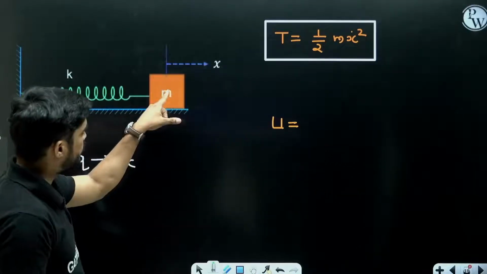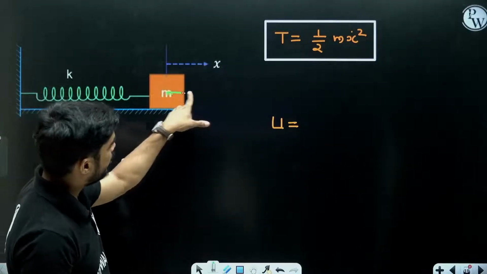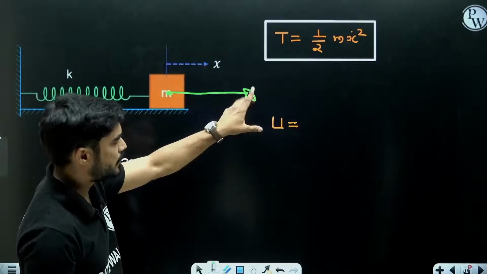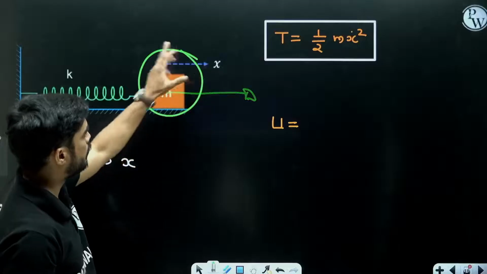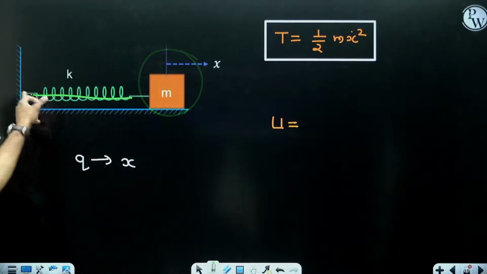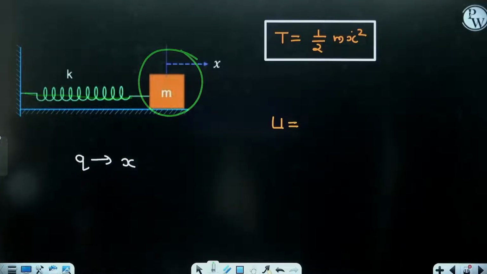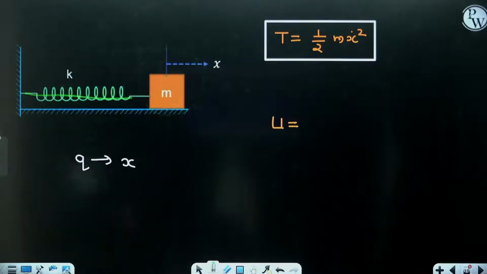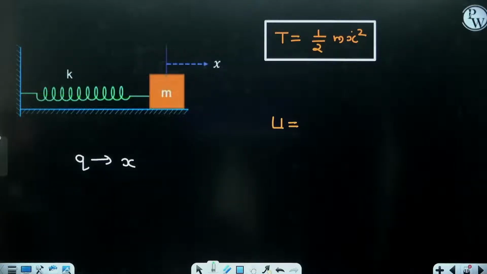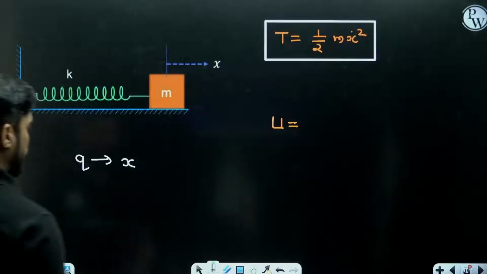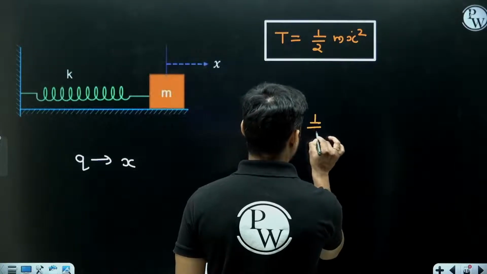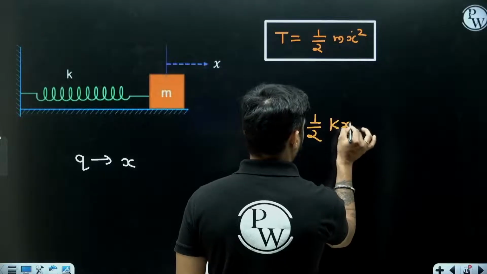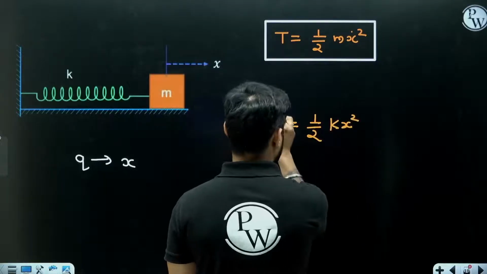Whatever potential energy this block has, if I move it by x distance, it will remain the same. So I will not consider the potential energy of the block, but I will consider the potential energy of the spring. As the block moves by x distance, the spring gets deformed by x, so the potential energy of the spring will be half kx square.